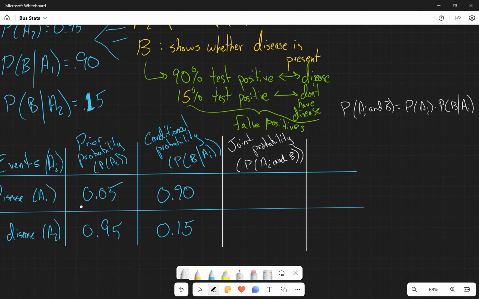And so for these, we're just going to take 0.05 and multiply that by 0.90, which gives us 0.045. And then we're going to do the same for 0.95 and 0.15.